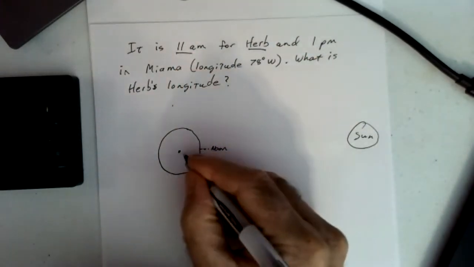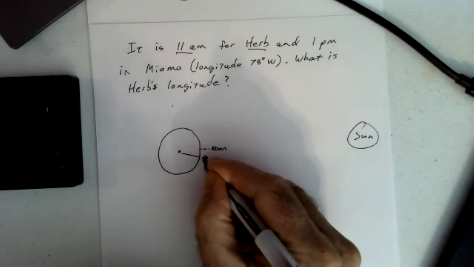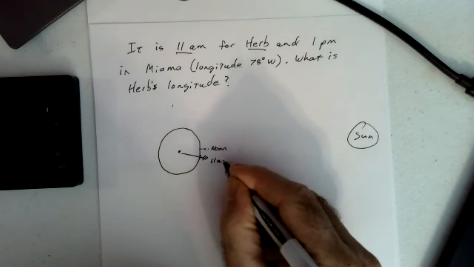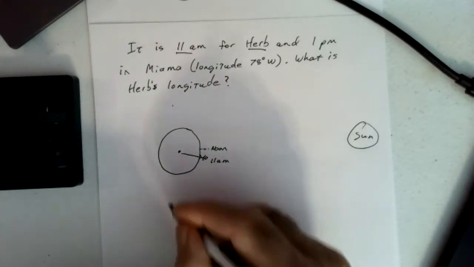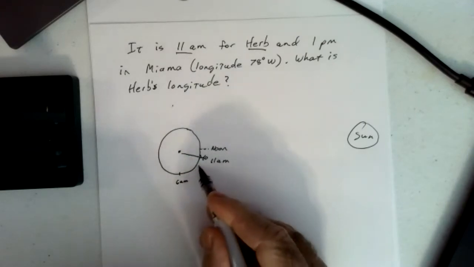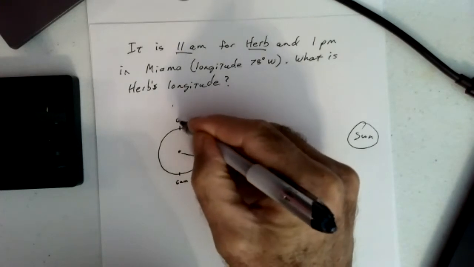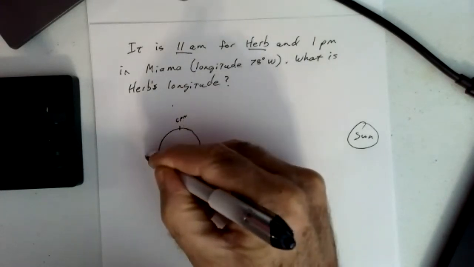So Herb is actually going to be right here, at 11 a.m. Remember, straight down is 6 a.m. And then it'd be 7, 8, 9, 10, 11, noon, 1, all the way up in here. Remember, this was 6 p.m. and this is midnight.